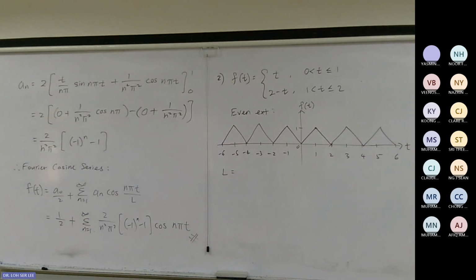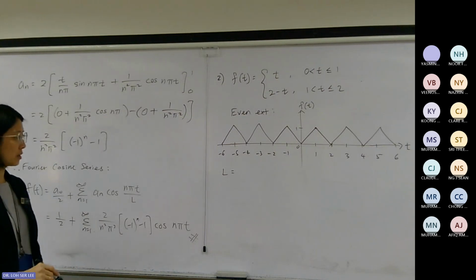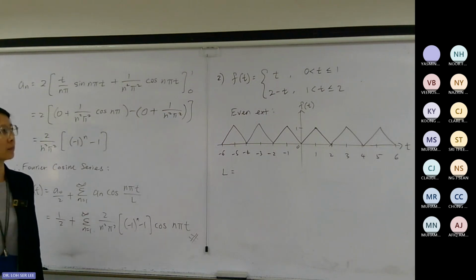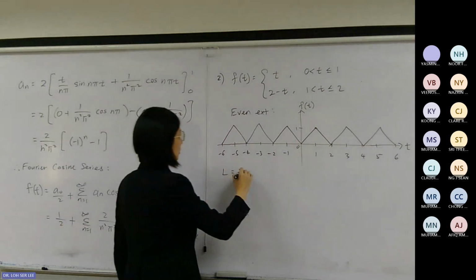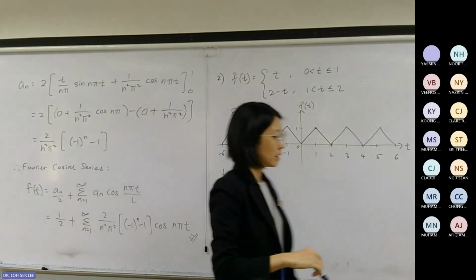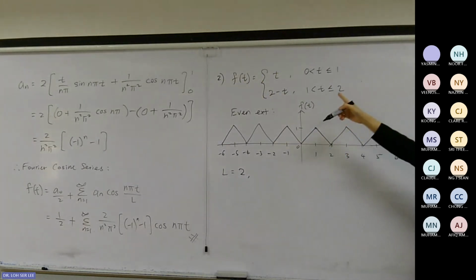Okay, what is L for this question number 2? What is your L? L is 2. We know that this function is defined in half range. Why do we know that?